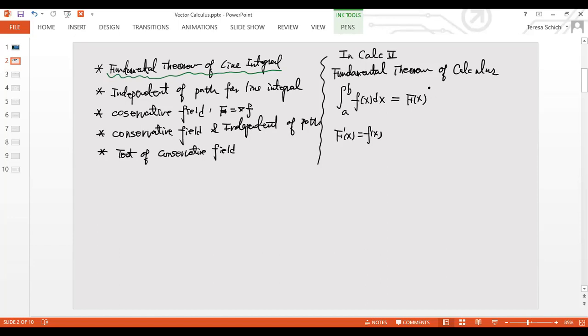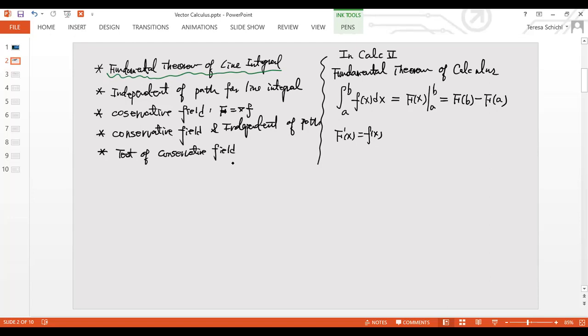Then if you integrate f of x from a to b, it will be F of b minus F of a, right? That is what we learned in the fundamental theory of calculus in calculus 2. You find the antiderivative, then integrate from a to b, and it will just equal plugging in the endpoints, F of b minus F of a.